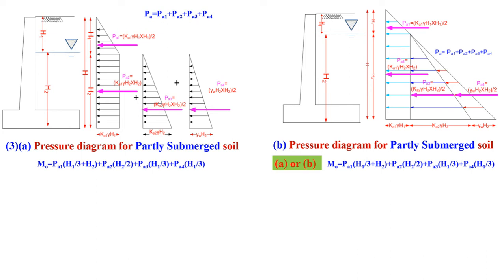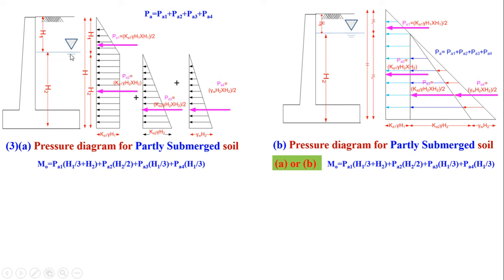So this is the third case of pressure distribution diagram for a retaining wall. In this third case, the soil is partially submerged, meaning some portion of this backfill soil is under water and some portion is above that water level.